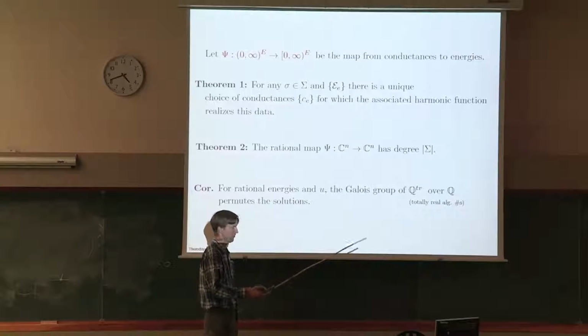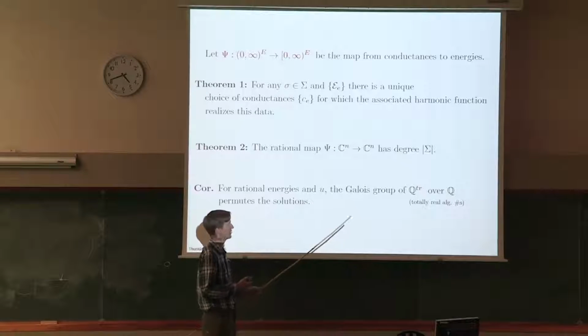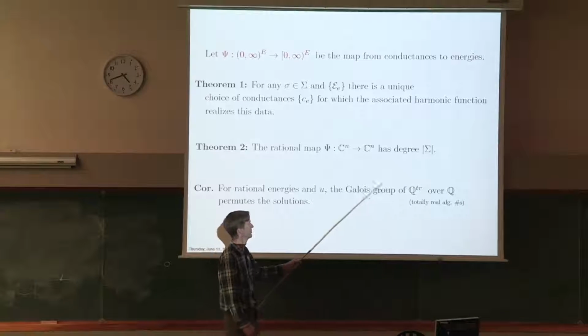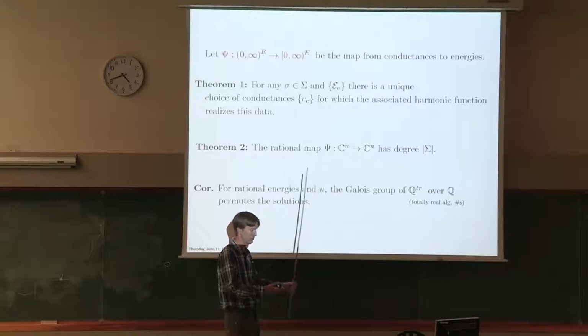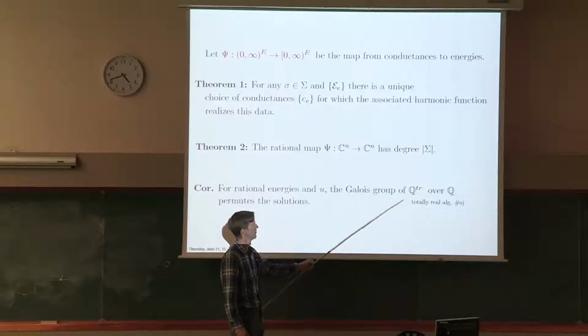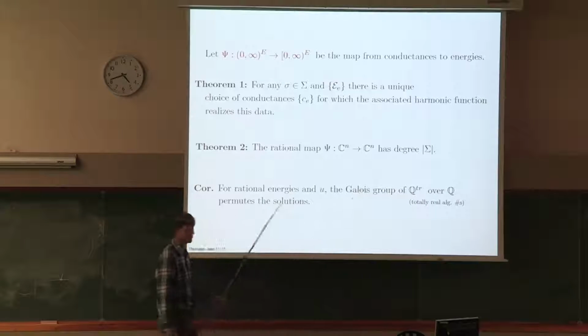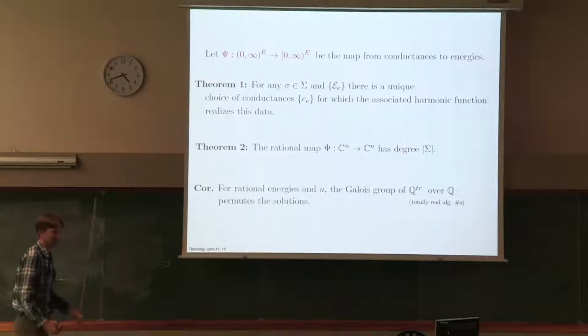Since all solutions are algebraic and real, the Galois group of all algebraic numbers, but in particular just the totally real ones, that's all I need, acts on the set of solutions, permuting those solutions in an interesting way.